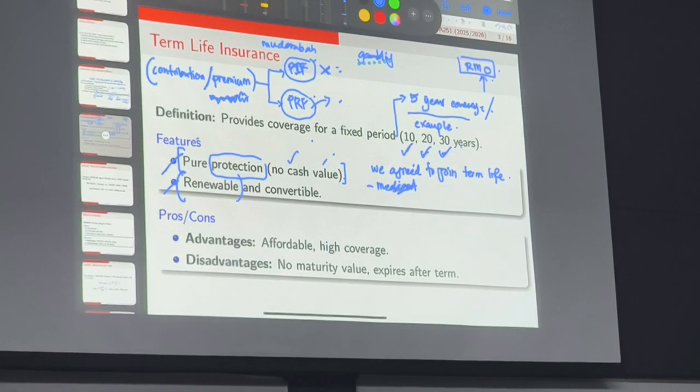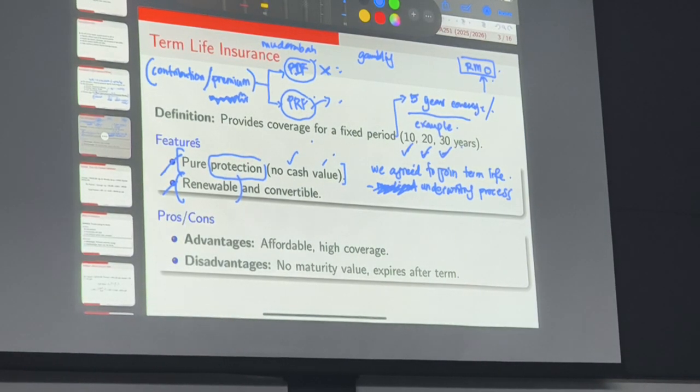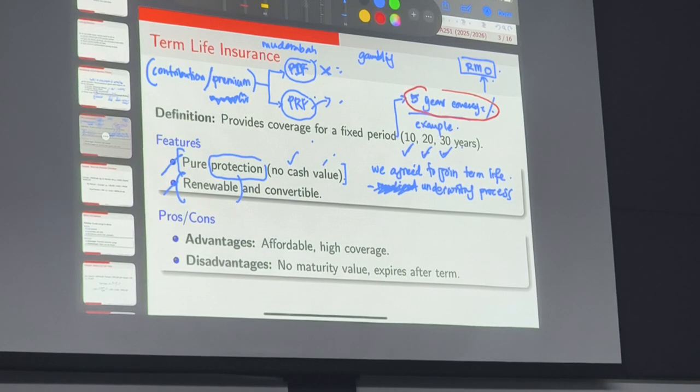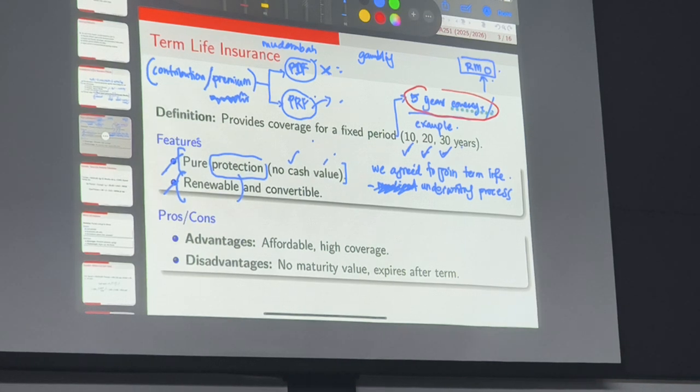It's not medical checkup, it's underwriting process. So the underwriting process decides whether to go for medical checkup or not. This is the first time, the first time nak join term life insurance in the first 5 years kat sini.